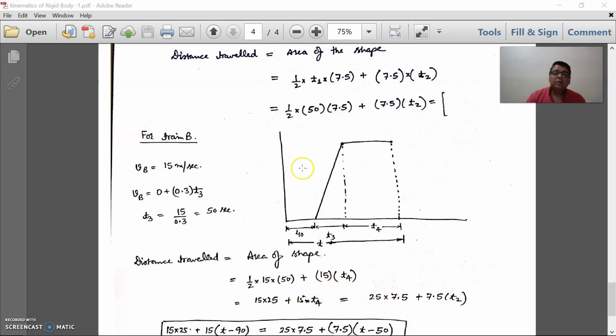Now I know that after time t, train B will touch train A. That means after time t the distances will be equal.